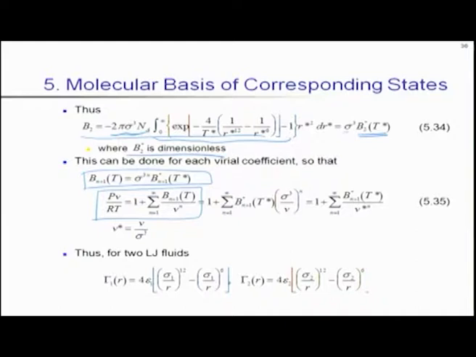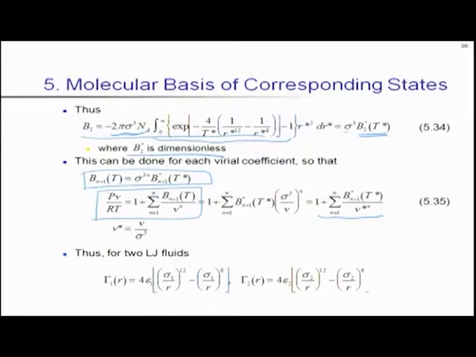I can write this B(n+1) in terms of B(n+1) star T star, sigma cube by V to the power n, and thus I get a right hand side which is absolutely independent of the type of molecules, because it is basically dimensionless. So which means basically if I use different sigma and epsilon for two Lennard-Jones potentials, the right hand side is going to be the same.